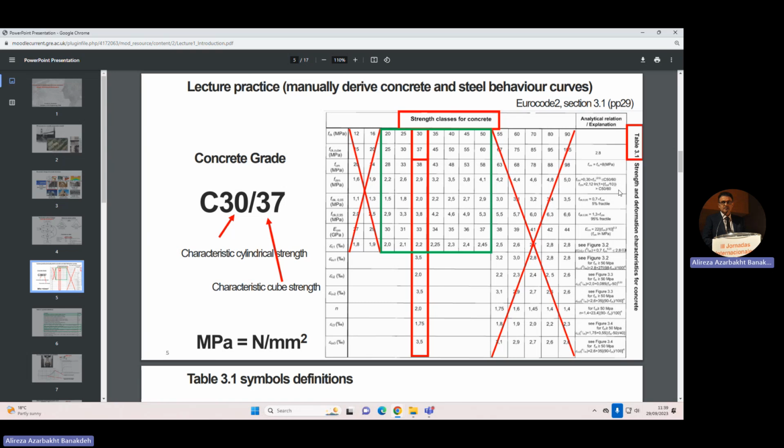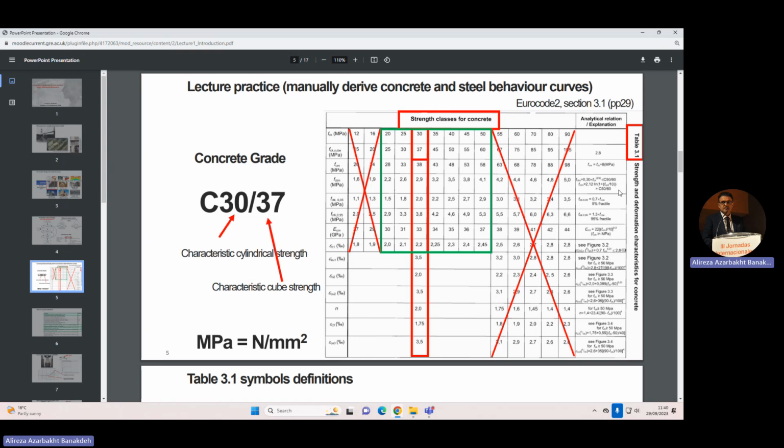So what it does is give you the different properties for concrete grades. For example, the concrete grade 30/37, we call it like this, C30/37. 30 is the characteristic cylinder strength, and 37 is the characteristic cube strength.